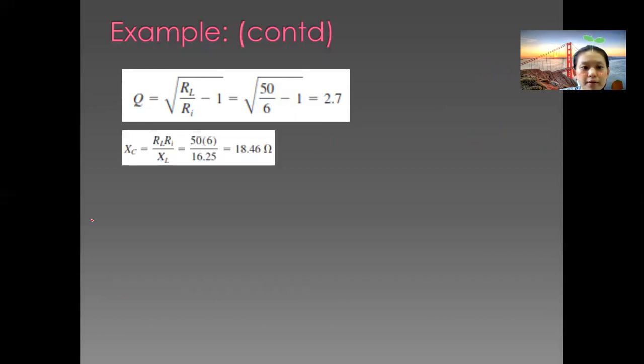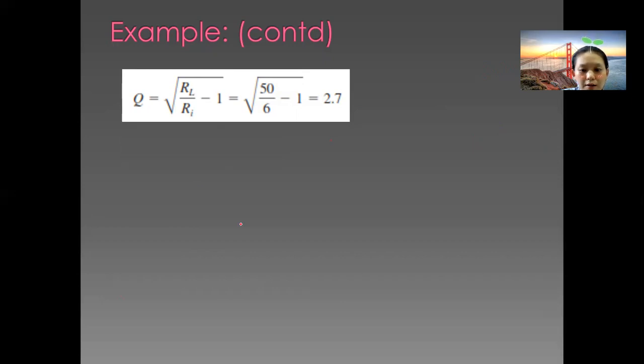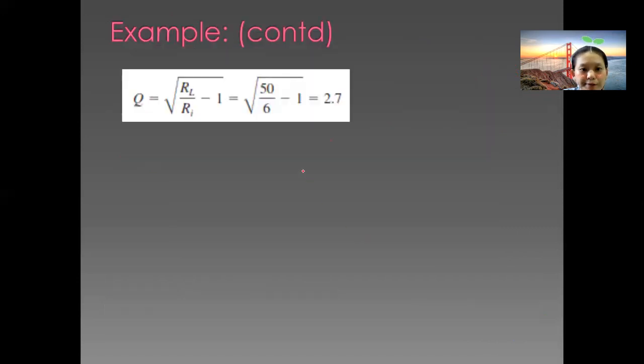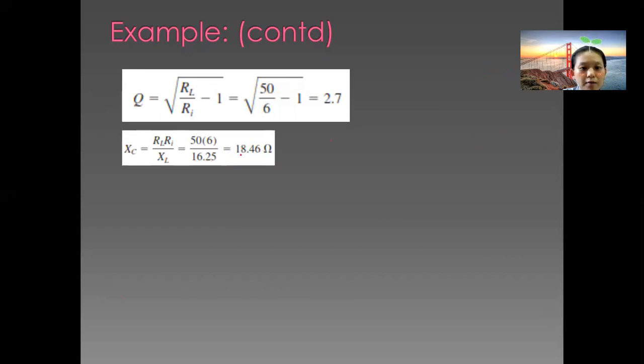Then we can find our XC by using the formula RL times RI divided by XL. 50 multiplied by 6 divided by the XL that we calculated previously, 16.25 ohm. So we obtain 18.46 ohm.